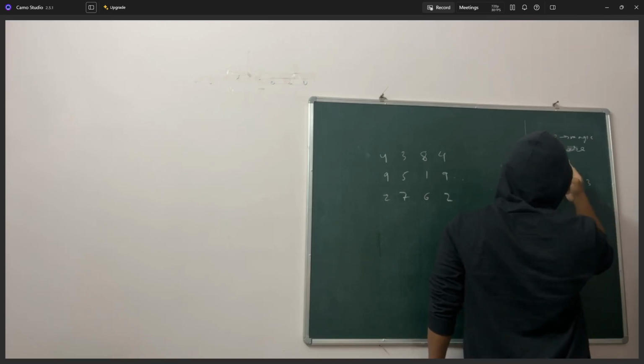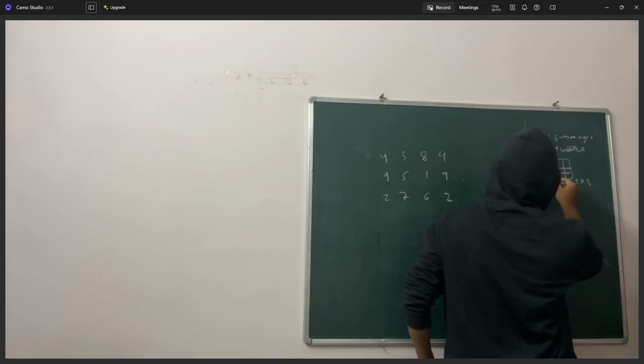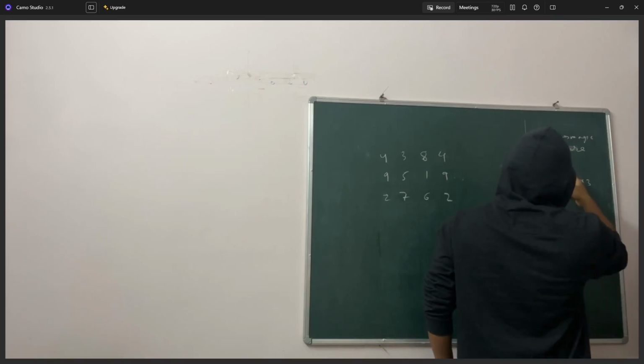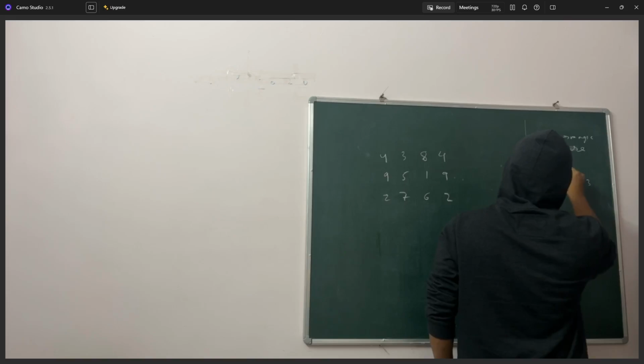Because it has 3 columns and 3 rows, so it looks like a square. It is a magic square in which all the elements are unique. If you try to insert unique elements, how many can you insert? 9 elements. So that's what they're saying.